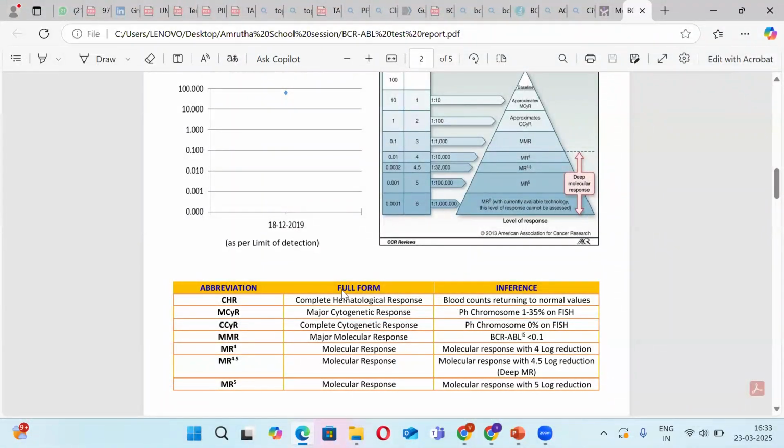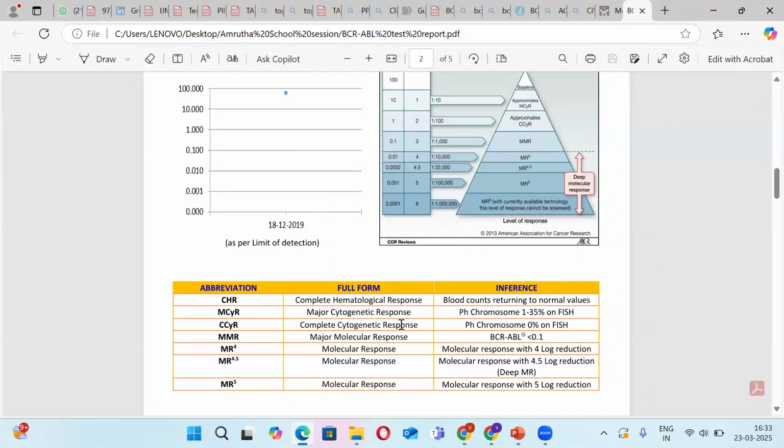So this particular table is very, very important for us. Complete hematological response means in the blood smear, you are not going to see blast cells in a regular peripheral blood smear or BMS smear maybe. Most often it is BMA that is required to demonstrate it has reached a CHR.